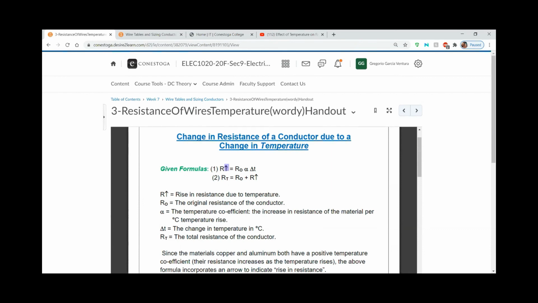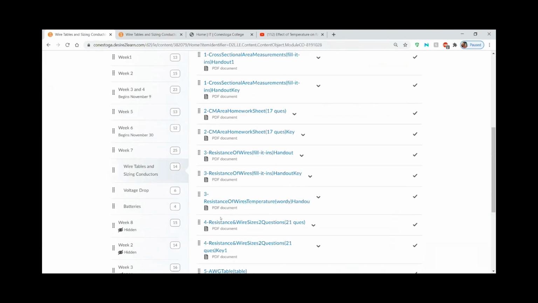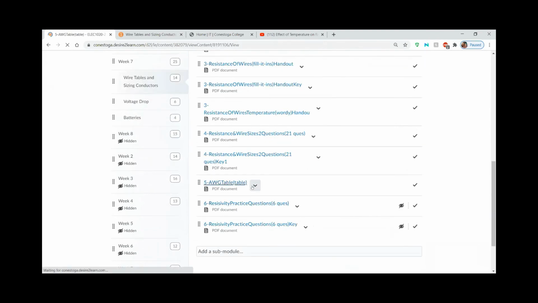The resistance increase is going to be equal to R0, the original resistance of the conductor, times this alpha. You may wonder again, where do I find that alpha factor? From this handout, you are going to go back to table 5.